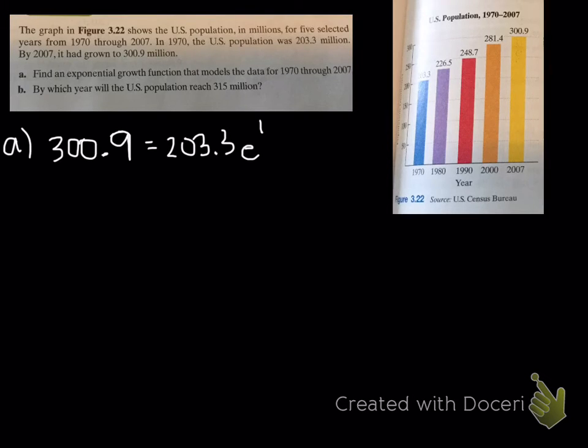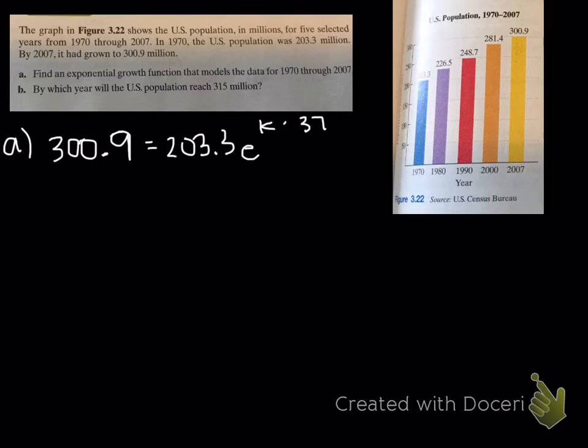I don't know the growth rate, that's K. And what I do know is the time. So from 1970 to 2007, a total of 37 years has elapsed. So now the goal is that we can solve for K so that we can write an equation. This is like the idea of direct variation or inverse variation, where you have to find K first so you can find the second part.